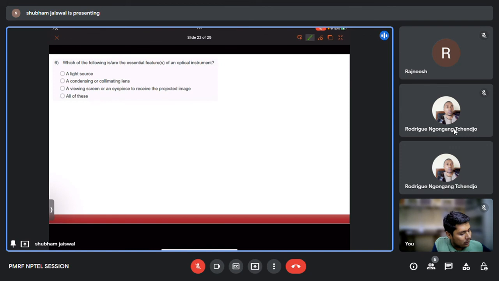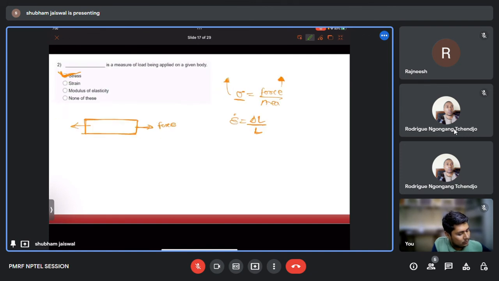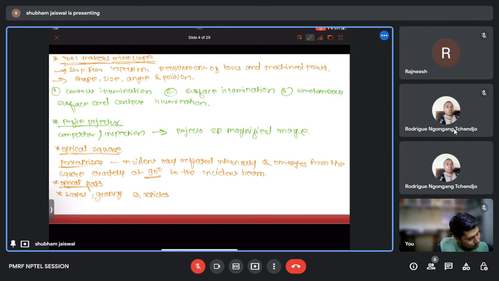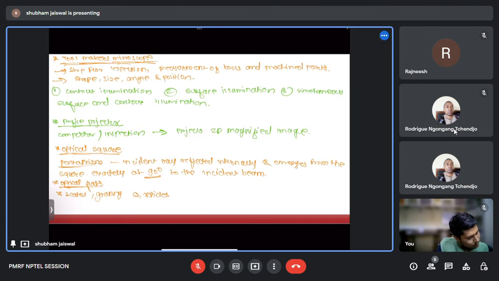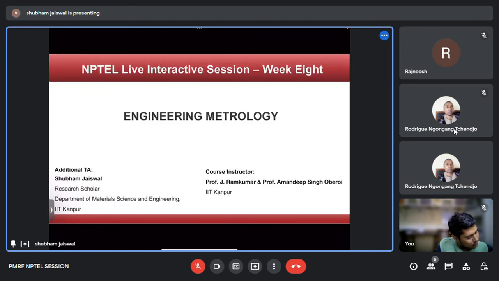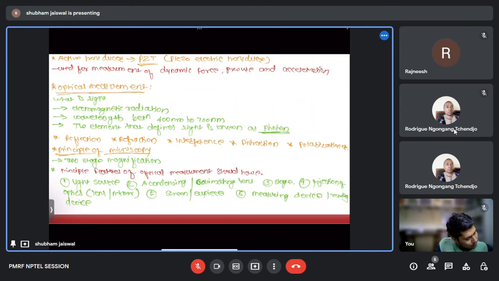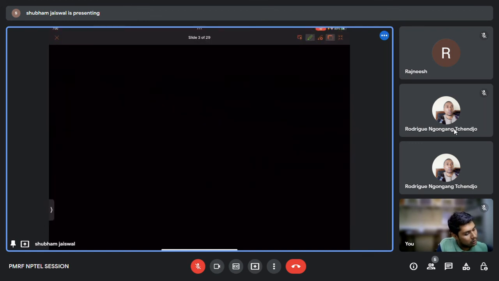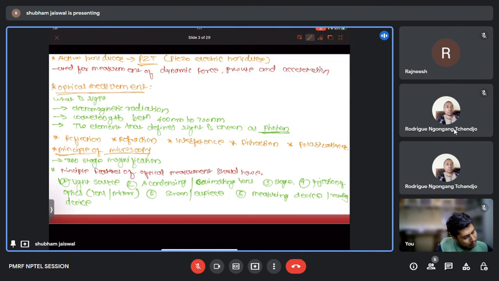So if we see that, here we definitely need a light source. We need a condensing lens.